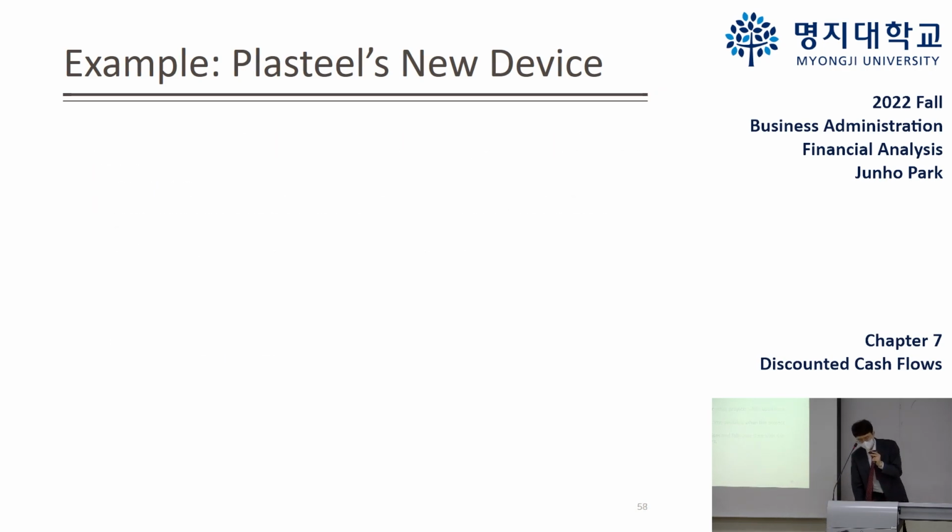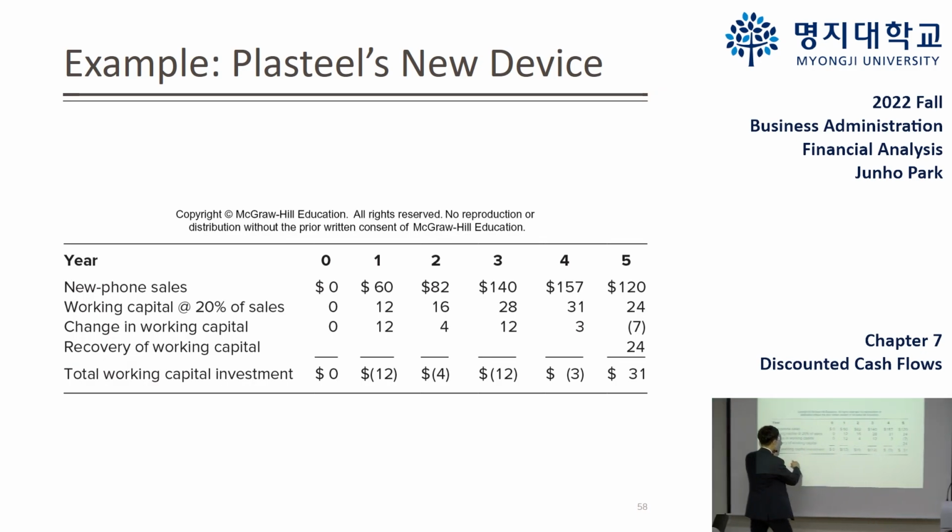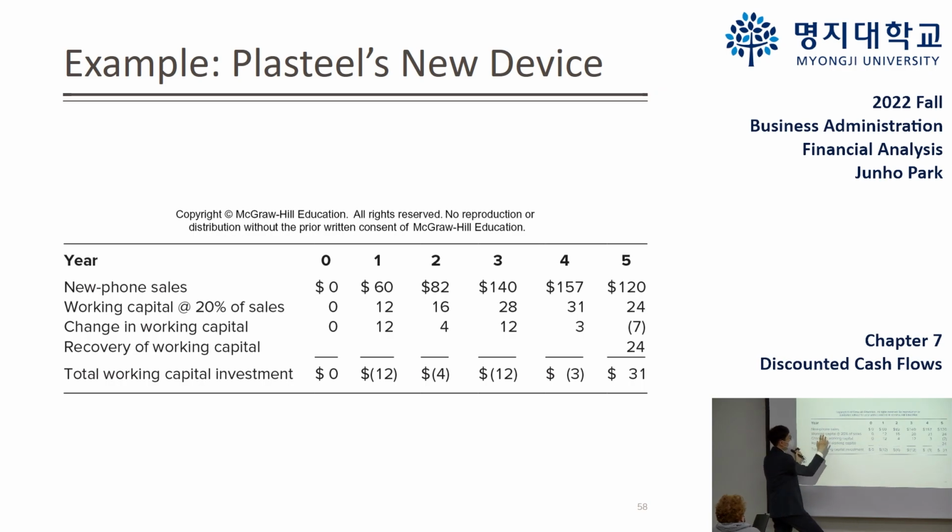So we are going to assume some new things. We are going to think that, depending on our new project, we need working capital of 20% of the sales. And for each year, we can estimate the required working capital. So today, we don't need working capital because we don't have any sales yet.